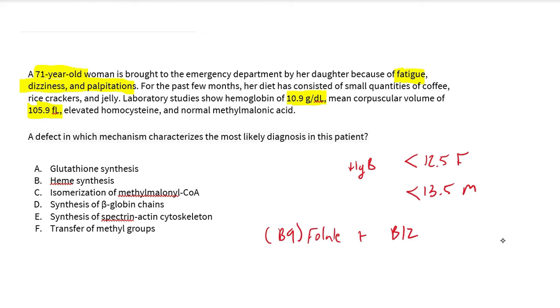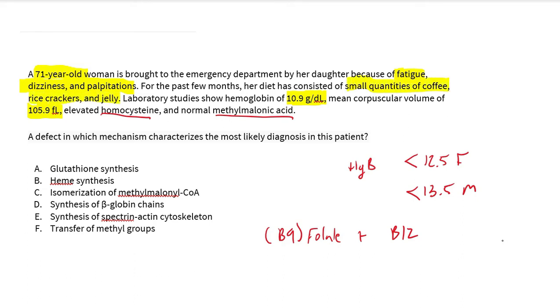The way you determine the difference between the two is you look at whether there is elevated homocysteine and methylmalonic acid, which indicates B12 deficiency, or just elevated homocysteine levels, which would be suggestive of a folate deficiency. So the fact that methylmalonic acid levels are normal, but homocysteine levels are elevated, tells us safely that this patient has a folate deficiency. And this is consistent with her history of a very poor diet of just coffee, rice crackers, and jelly.